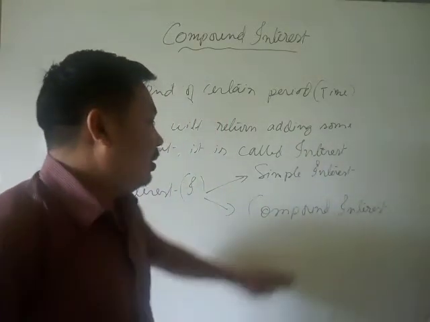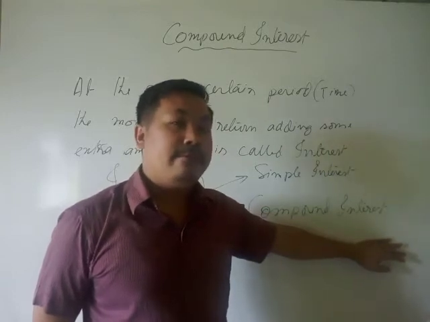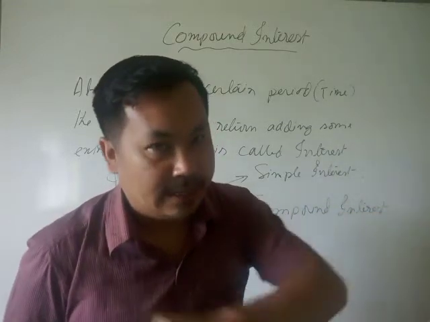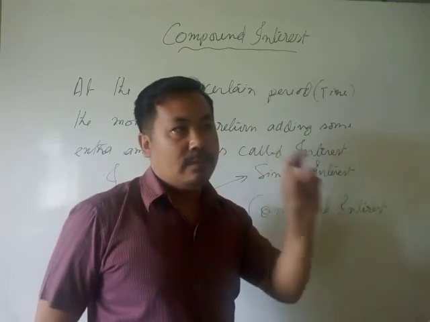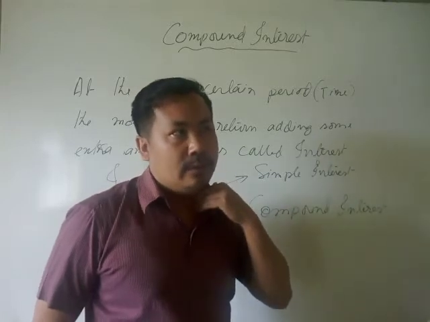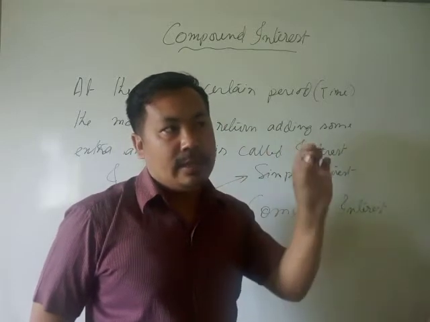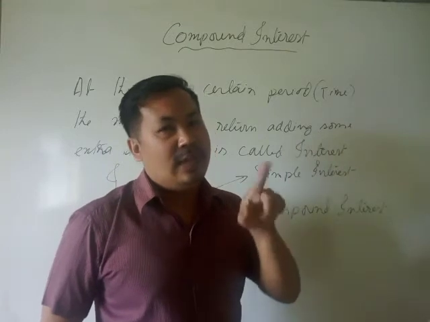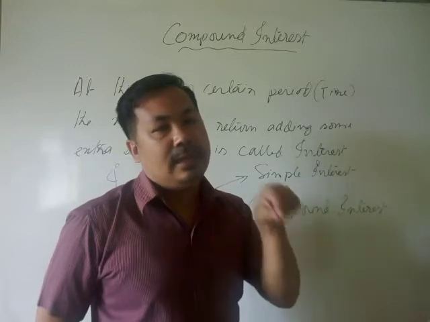But in compound interest, something happens with the interest of the previous year when it continues for the next years. For the first year, the money you borrowed plus interest will be the amount, and that amount already includes the interest of the previous year. So the interest of the previous years becomes the money borrowed again, and the rate will be calculated on the interest of the previous year. Like this, it happens in compound interest.